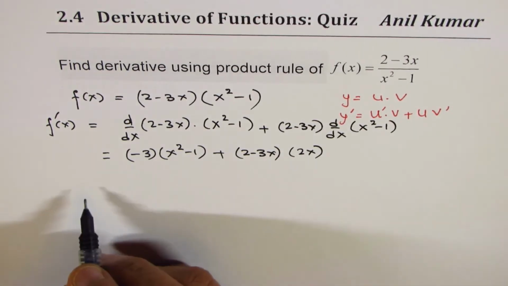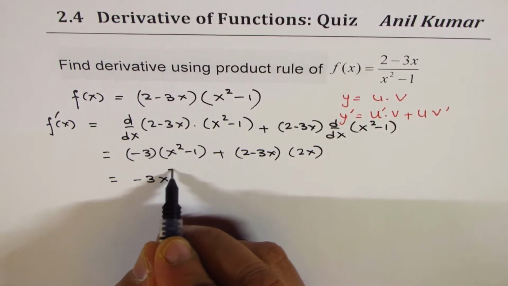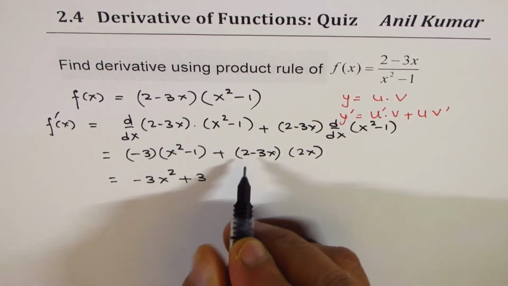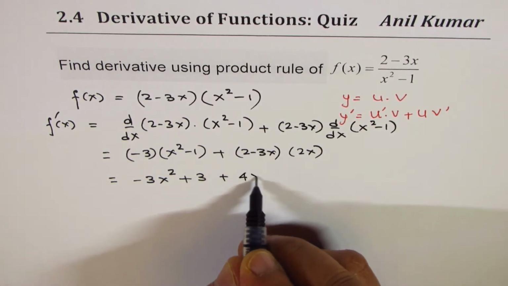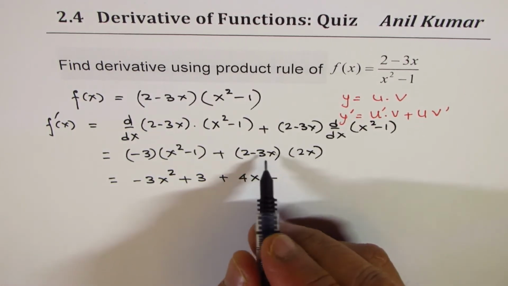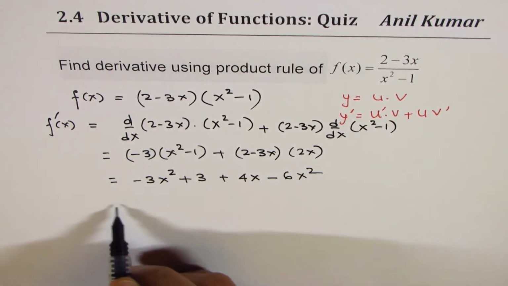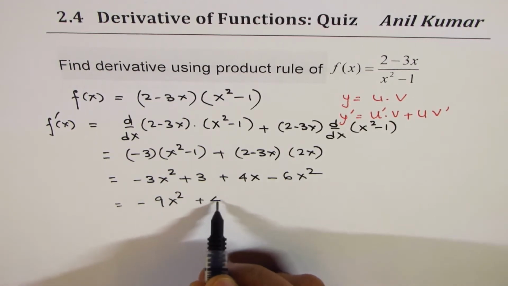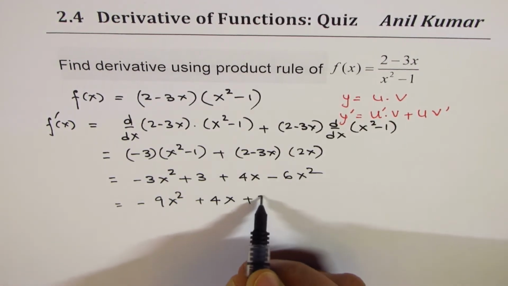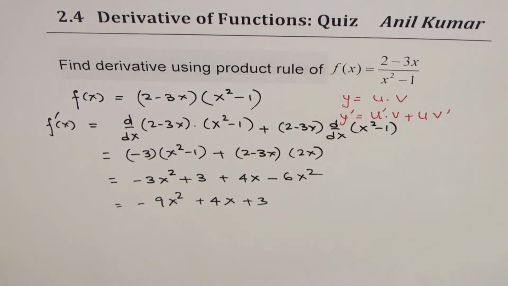We can expand and simplify. So we get minus 3x squared plus 3, and here we get plus 2x times 2 is 4x minus 6x squared. So combining these terms, we get minus 9x squared plus 4x plus 3. So that becomes the derivative for the given function, right?